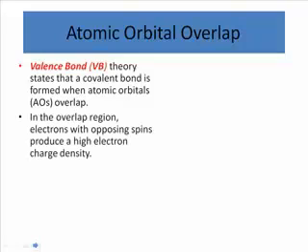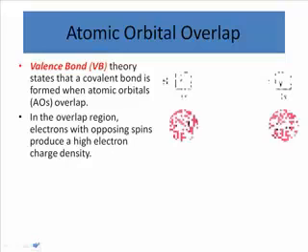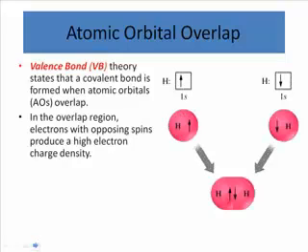And so what that does is it creates an area where we have a lot of electrons, and this area is, as shown here, in between the two atoms in this particular hydrogen molecule. Remember when we talked initially about bonding, we said it's always something positive attracted to something negative.